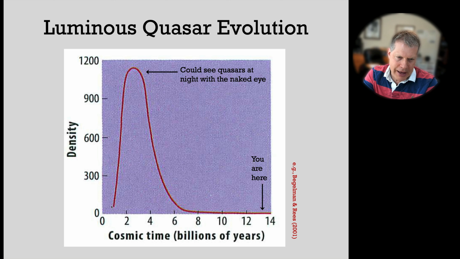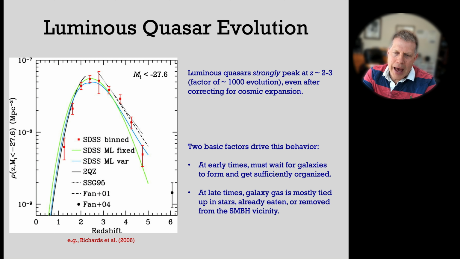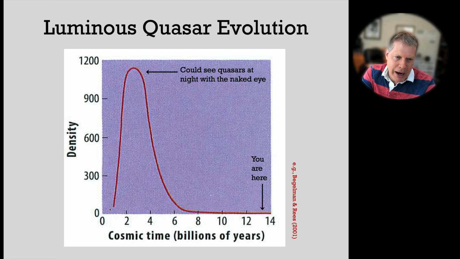So you had to wait for galaxies to form and get themselves organized so they could feed the supermassive black holes that make the quasars go. That's the basic factor that drives this rarity at very early times, and the strong rise here is, we believe, indicating galaxies getting themselves pulled together and being able to feed the black holes. I'll say more in detail about what we know about this early time later on, but that's the idea.